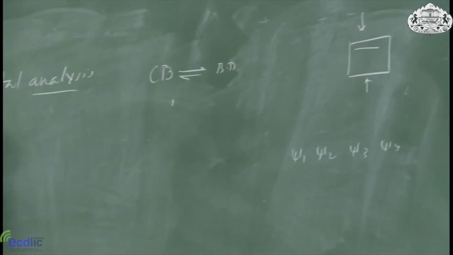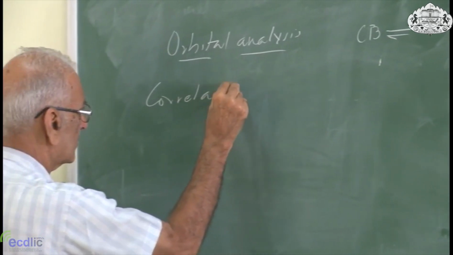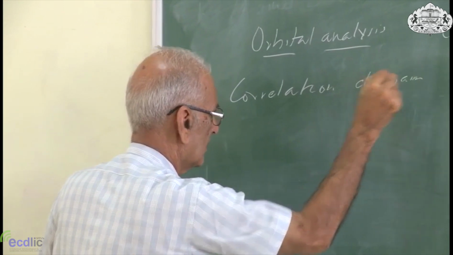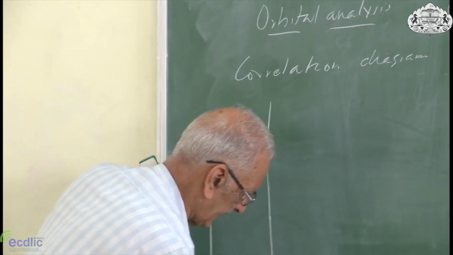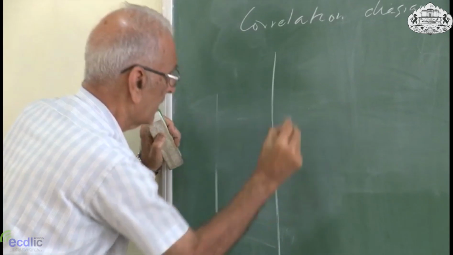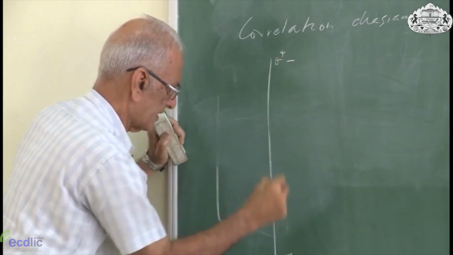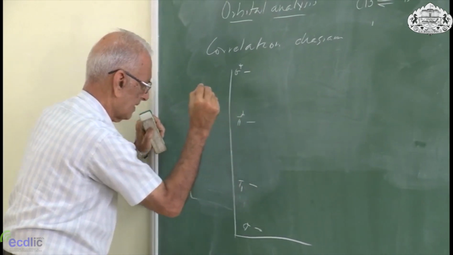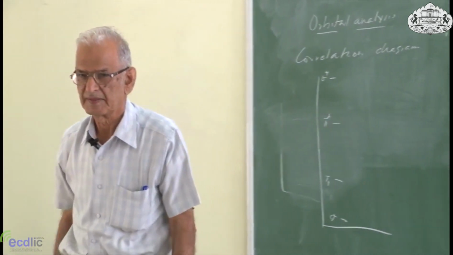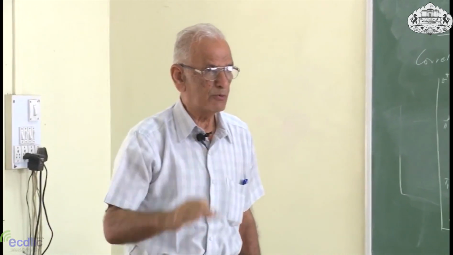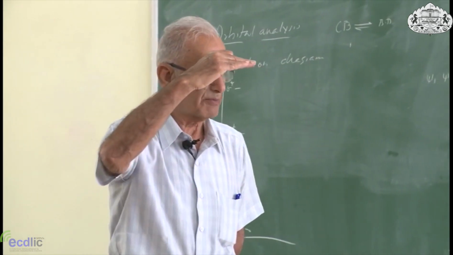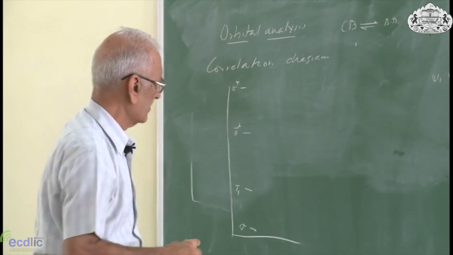Okay. So, we are going to make what is called a correlation diagram. First part of the correlation diagram, that is your sigma, that is your sigma star, that is your pi, that is your pi star. When we combine two pi orbitals to make psi 1, what will we find? Pi 1 plus pi 2 decreases in energy.